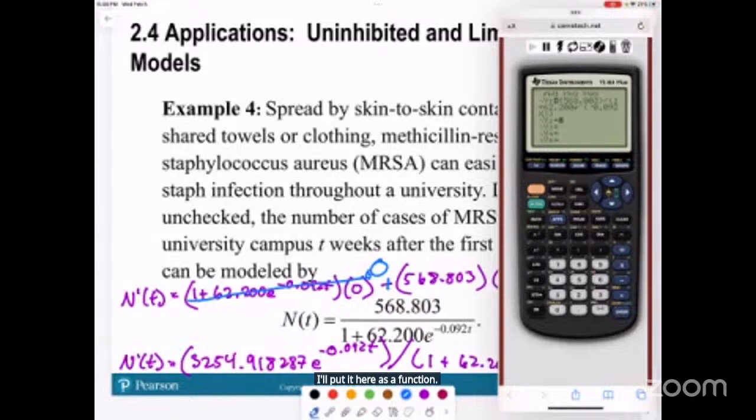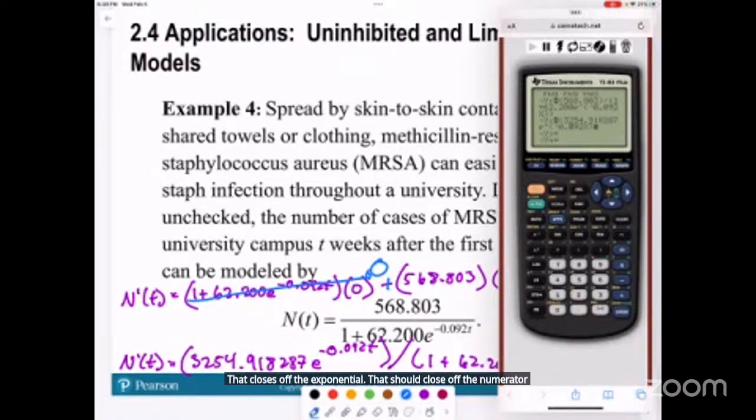So let's see, 3254.918287, times e to the power of negative 0.092x. That closes off the exponential and the numerator.